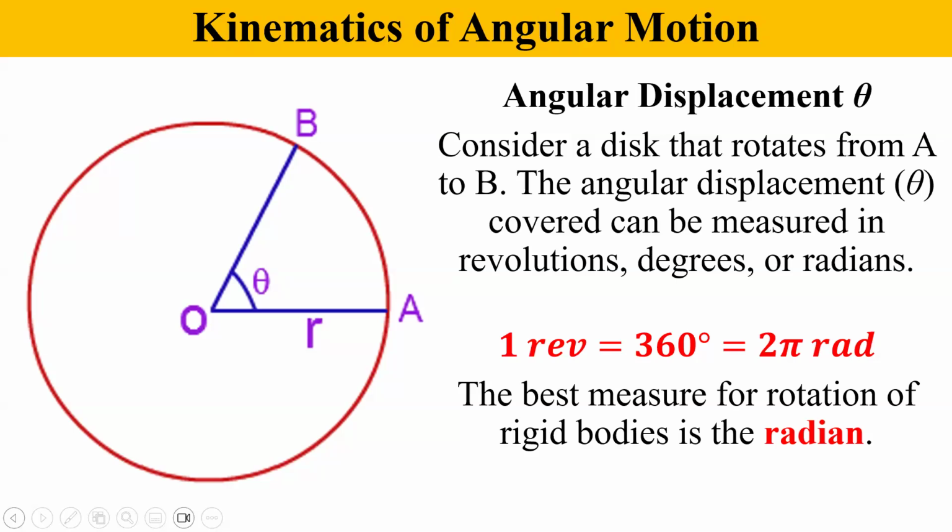You see you move from initial A and you curve around here to B, and as such you have covered an angle, and we call that an angular displacement. The angular displacement theta covered can be measured in revolutions, so how many revs. And when we think of revolution, we think about degrees.